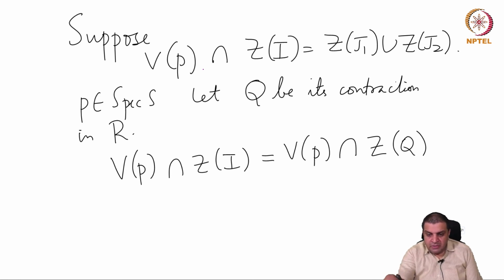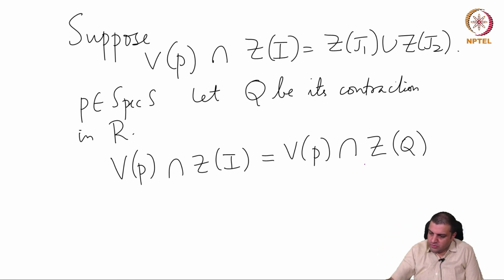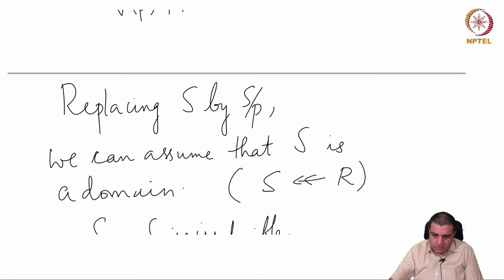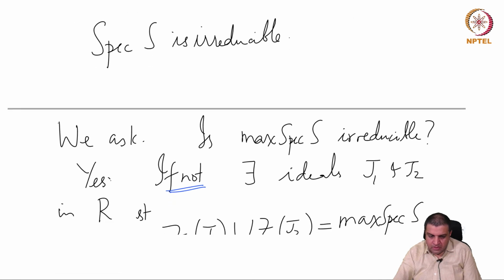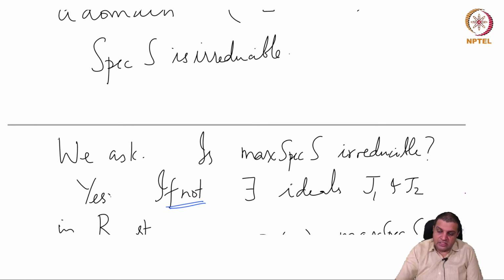V of P intersect Z of I means all the maximal ideals of S containing P, but we can rewrite it as just the maximal ideals containing Q. Then replacing S by S mod P, we can assume that S is a domain, so that spec S itself is irreducible. It just simplifies the notation to proceed further. And then we ask, under this assumption, if spec S is irreducible, is the max spec irreducible?